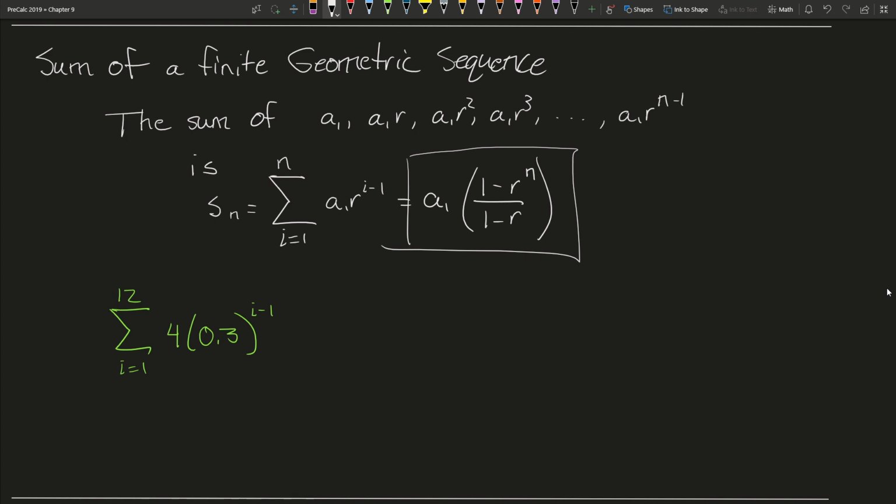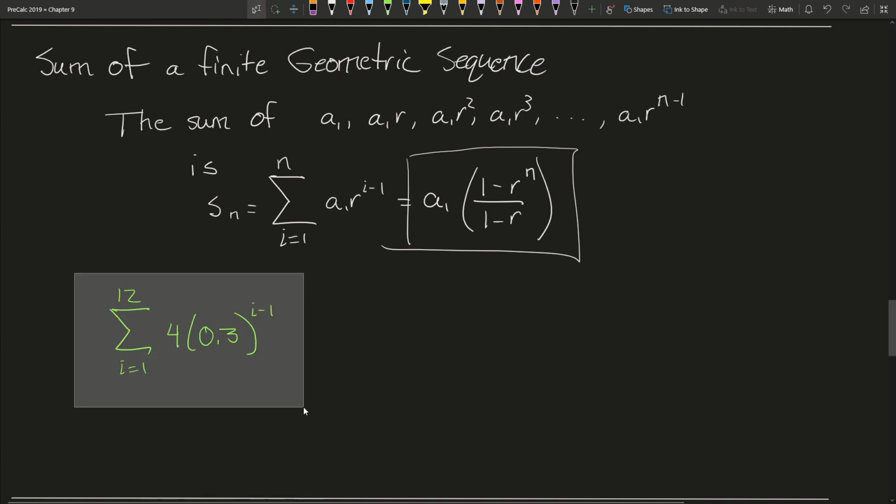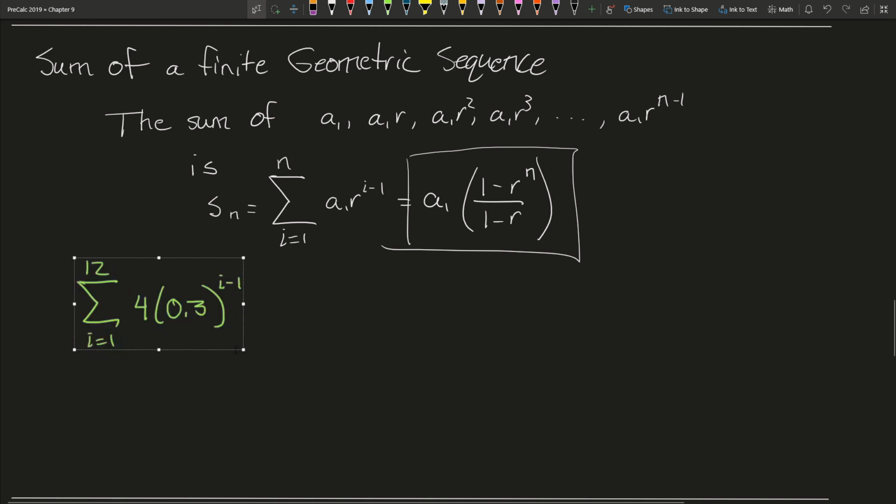So your homework will give you something that looks like this, and you will need to find the sum. In order to do that, we need to interpret it just a little bit, and then we need to plug it into the boxed equation just above it. Okay.